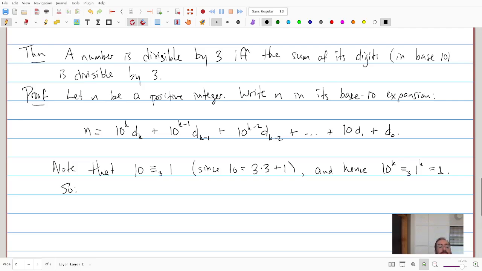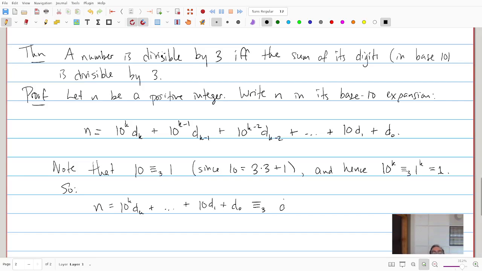So n equals d_k times 10 to the k plus dot dot dot plus d_1 times 10 plus d_0 is equivalent modulo 3 to, well, all those 10 to the k's just go away because they're all just 1.